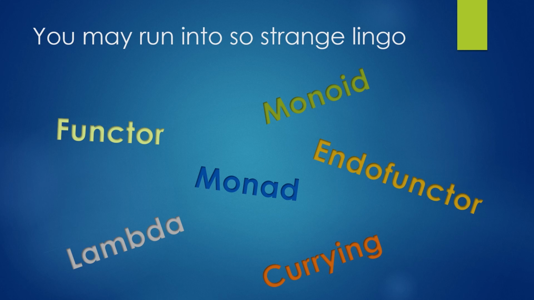C# supports them. And we're going to talk about currying. And currying's not so difficult. We will actually be building these other things, however. But I'm not going to call them that, and I'm not going to tell you which one is which, because I don't want these words, which come from mathematics, to get in the way. Lambda comes from lambda calculus, and these others, monad and endofunctor and so forth, come from a form of mathematics called category theory, and we're not going to talk about that in this course.